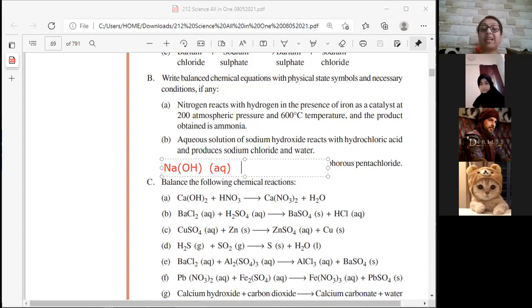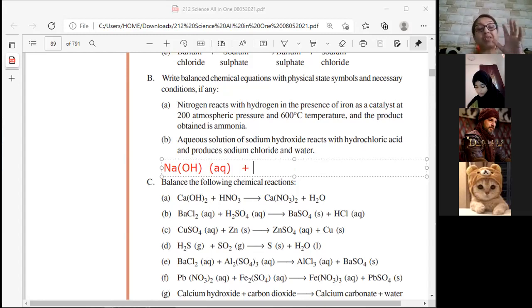Now hydrochloric acid. What is the physical state of hydrochloric acid? Liquid? It will not be liquid. Hydrochloric acid is always mixed with water because you cannot use the concentrated one. You will have to dilute it. Yes or no? So it will be aq. HCl. Okay.